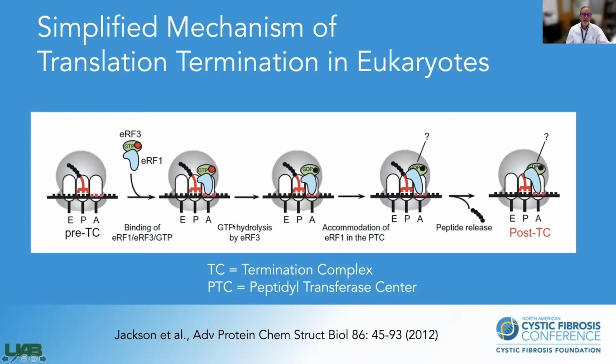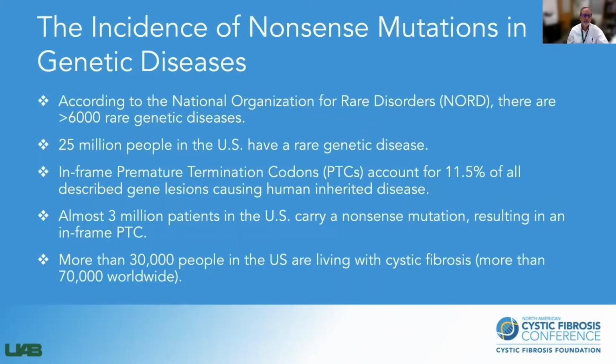This leads to the hydrolysis of GTP by ERF3, a conformational change, and accommodation of ERF1 into the PTC, or peptidyl transferase center. It then promotes the release of the completed polypeptide chain, or the nascent chain if it's at a premature termination codon. And then you end up with a post-termination complex. So the key players here are ERF1, ERF3, and a ribosome with a stop codon in the A site.